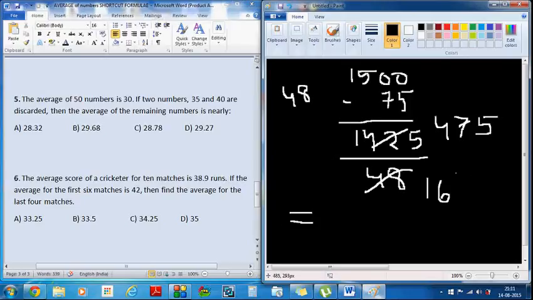So carrying out the division, the answer will be 29.68. So answer B is correct.